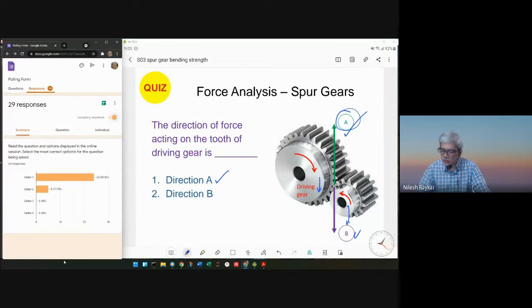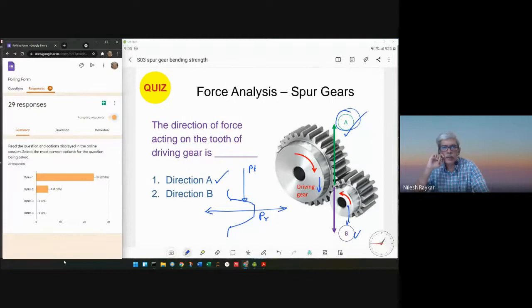And in addition to that, there is a radial force also. If you consider the gear tooth, there are two forces. One is the tangential force, PT, and second is the radial force, which is along the radial direction. How do you determine the direction of this radial force? Is it towards the center or away from the center?